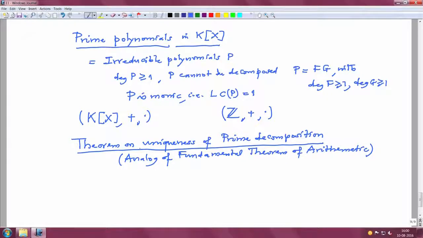It has the existence part and the uniqueness part. The existence part is simple, and even the uniqueness part is simple.